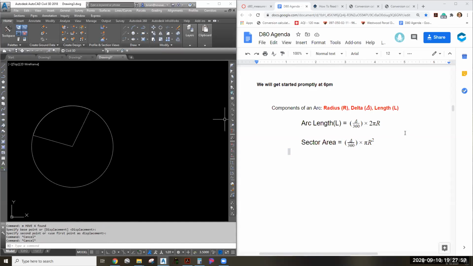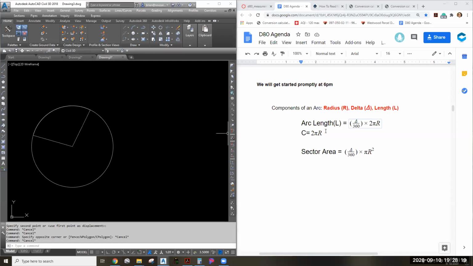We know that the circumference of a circle equals 2 pi r. Okay, the circumference of a full circle is 2 pi r. So what this component here is, delta over 360, that's just the fraction of the full circle.